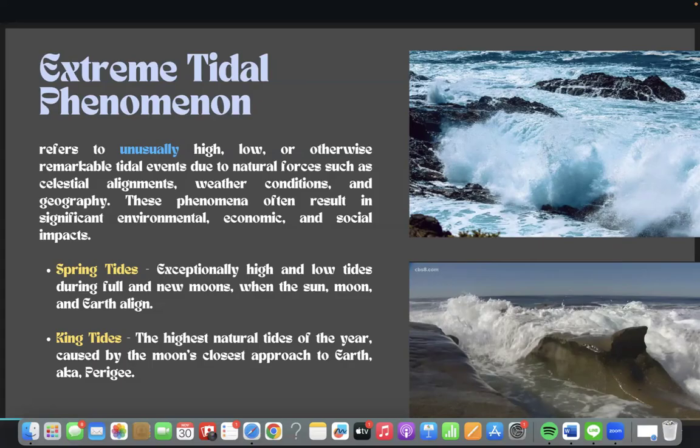They often result in significant environmental, economic, and social impact. One of the important examples is spring tides, which my friend covered, and also king tides, which are the highest natural tides of the year, caused by the moon's closest approach to Earth. We also call this the perigee.